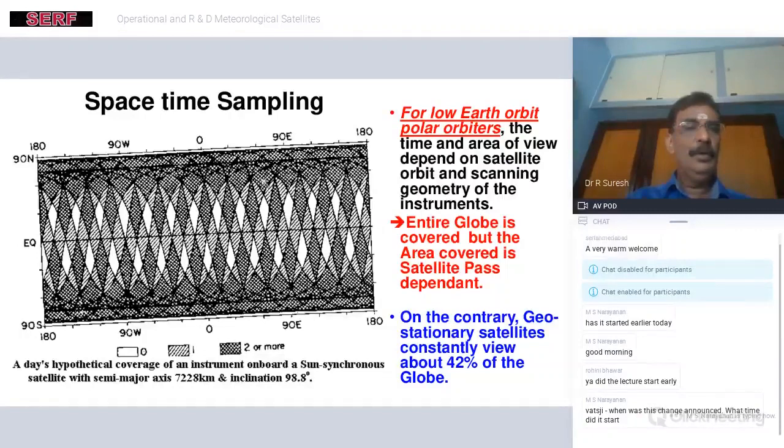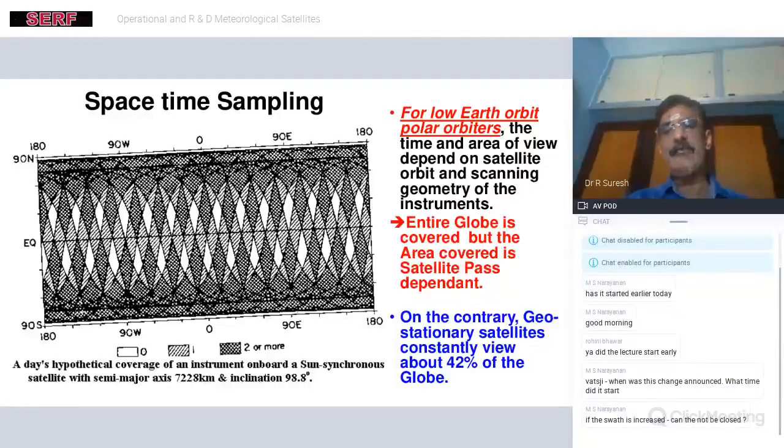This particular view graph is given a name called space-time sampling. The low Earth orbit polar orbiter satellites have a limitation like this. There are some pockets of Earth between two successive passes of the same satellite that will be totally missed. On the contrary, geostationary satellites will be monitoring the same area frequently, periodically, consistently, continuously.